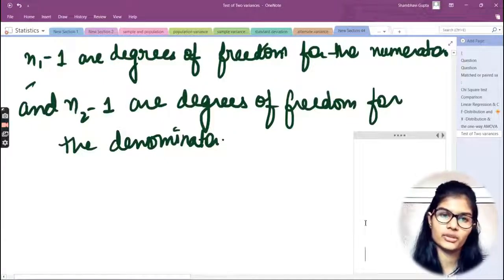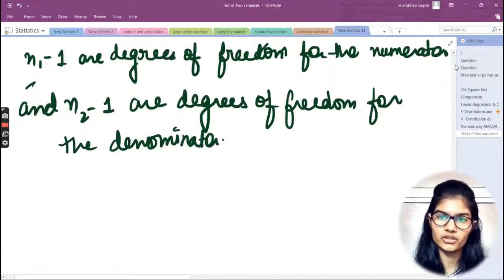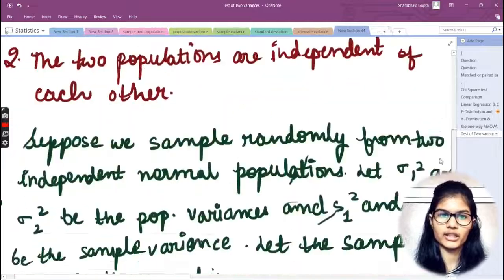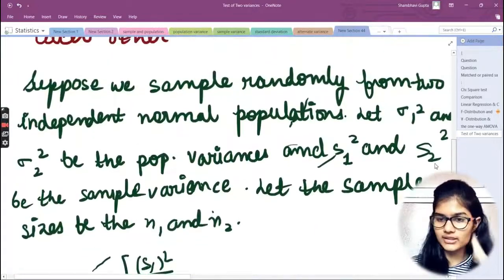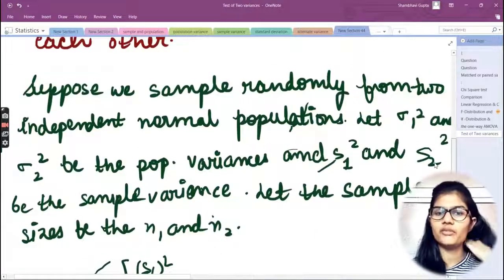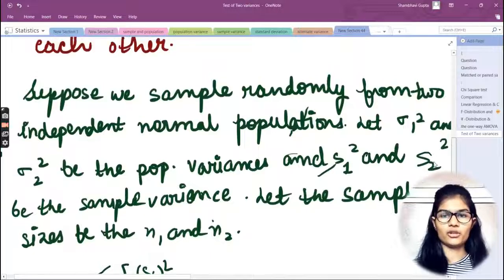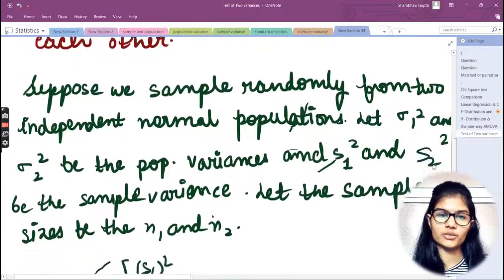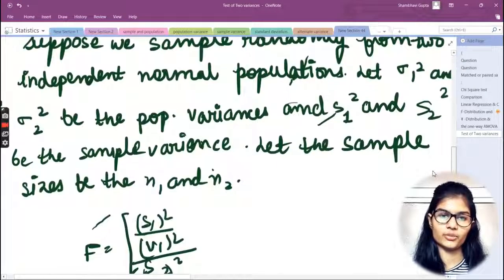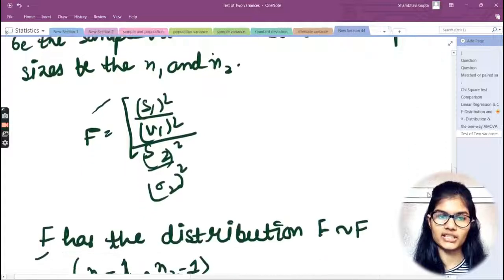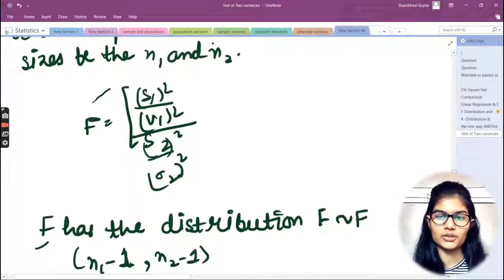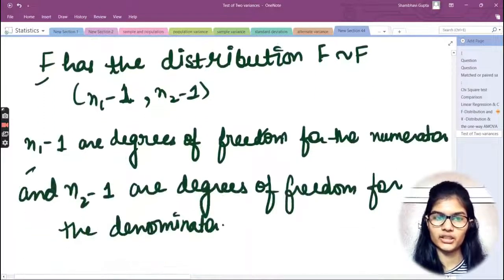Hope I am clear with all of those things. Let me give you the idea again. Suppose we sample randomly from two independent normal populations. Let sigma 1 square and sigma 2 square be the population variances, and S1 square and S2 square be the sample variances. Let the sample sizes be N1 and N2. So F is equal to S1 square upon sigma 1 square upon S2 square upon sigma 2 square.